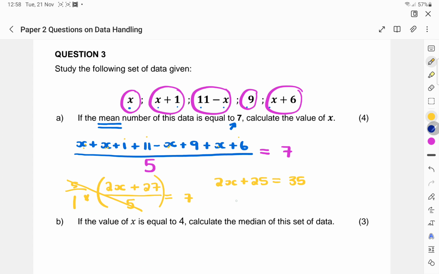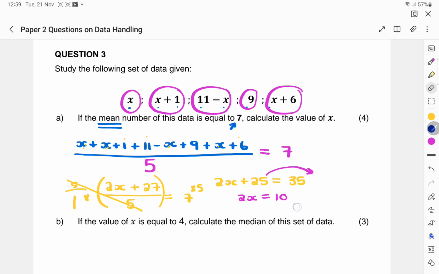So I've got no more, or my denominator is now 1. But what I do on the one side, I must do on the other side. Okay, so then I've got 2x is equal to 35 minus 25, which is 10. And if I divide by 2, x is 5.